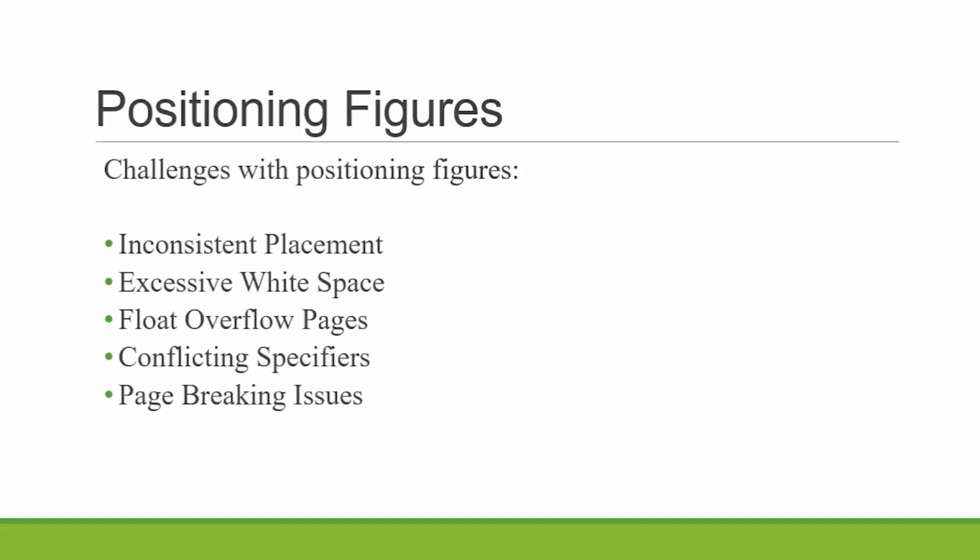Using strict specifiers, for example H only, can cause errors if LaTeX cannot honor the placement, while overall flexible specifiers might lead to suboptimal placement. Next challenge is page breaking issues. Figures might get placed before or after their associated content due to page breaks, affecting the logical flow.